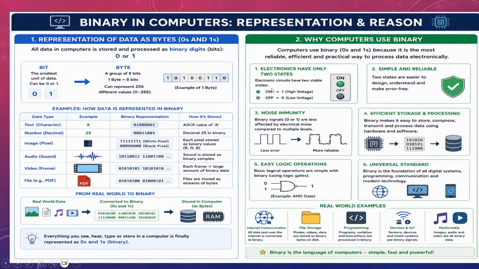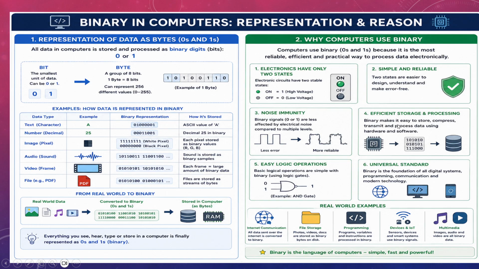High voltage, low voltage. So it is either 0 or 1. When we are working with only two states, we can have two values representing them, that is 0 or 1. These two states are easier to design, understand and make error free. Also for noise immunity, it is less affected by electrical noise compared to multiple levels.